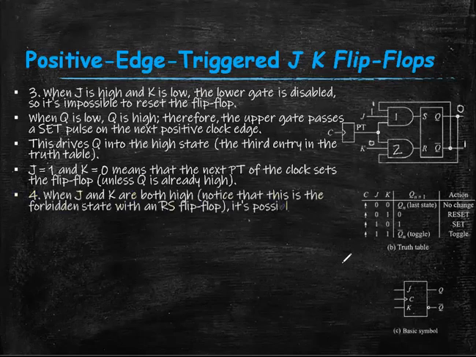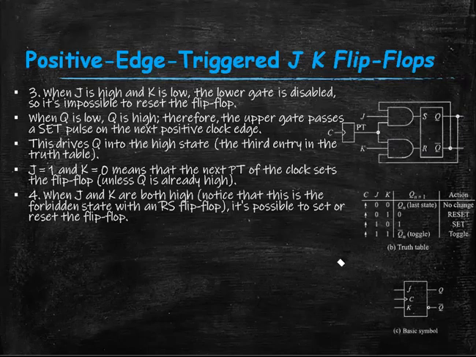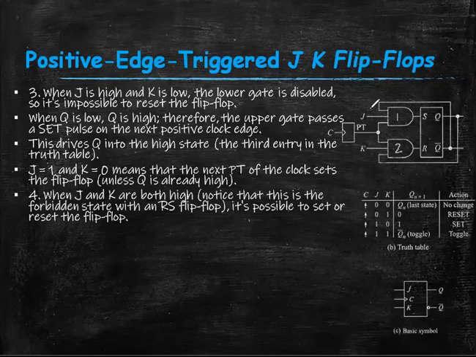And when J and K both are high, here it is the first and here it is the second AND gate, J and K both are 1.